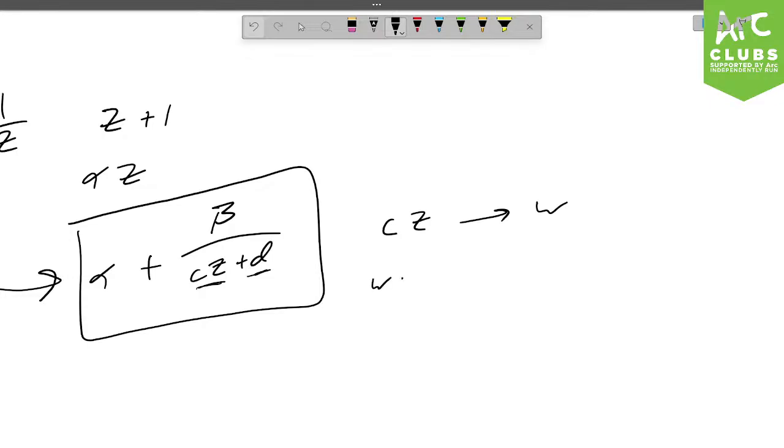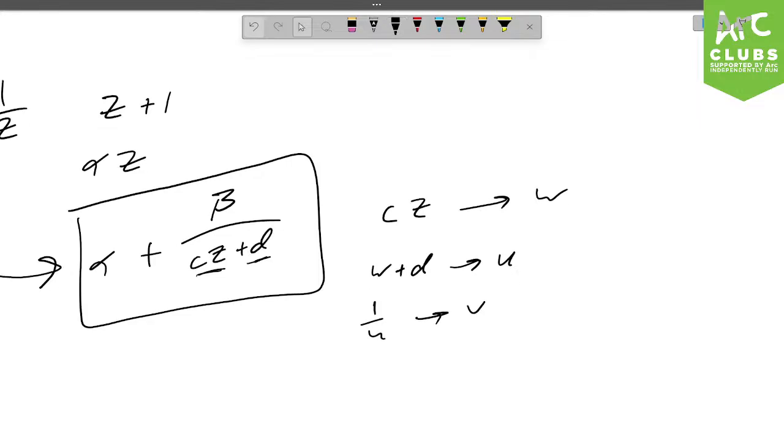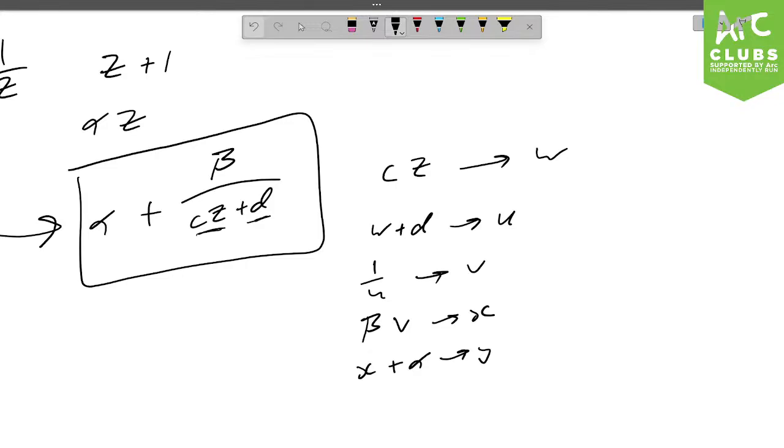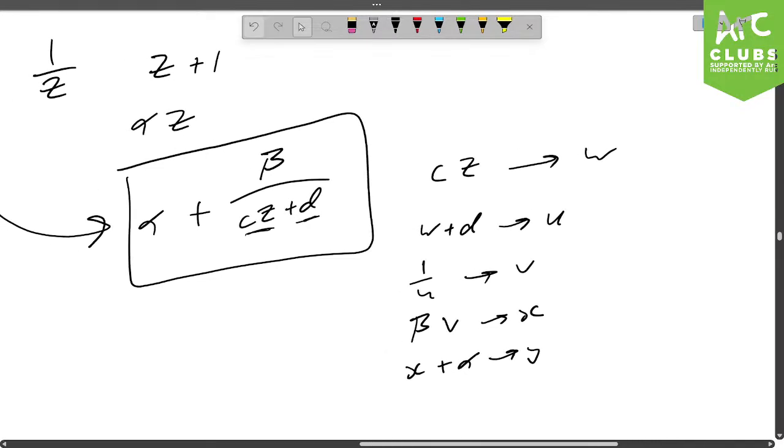So I do w plus d, gives me some new complex number. Let's call it u. And then I'm taking the reciprocal of that. So I'm going 1 over u. Let's call it v. And then beta times v gives me, let's use x. And then I use x plus alpha finally to give me y, which would be my resulting transformation.